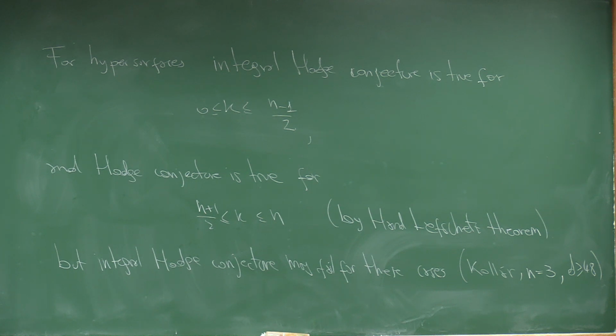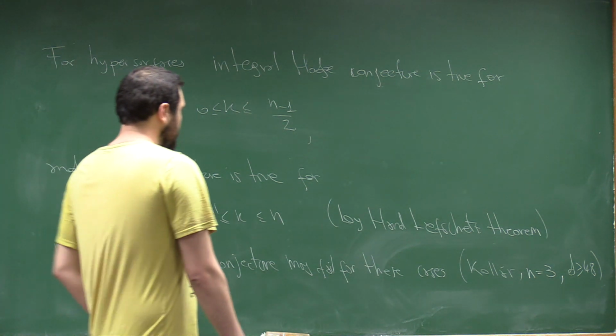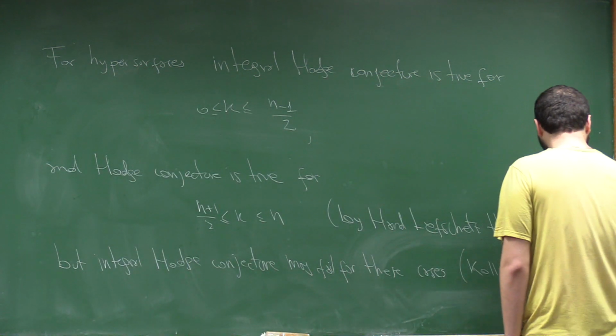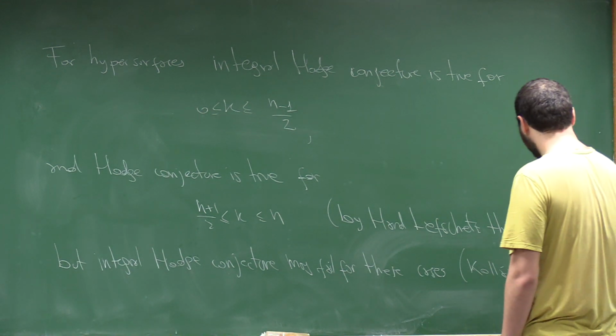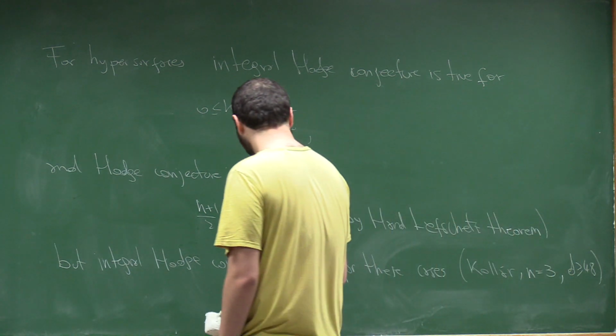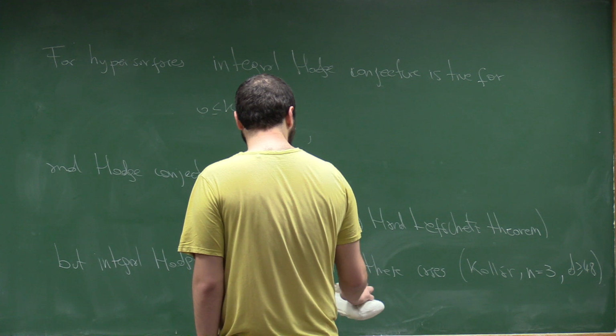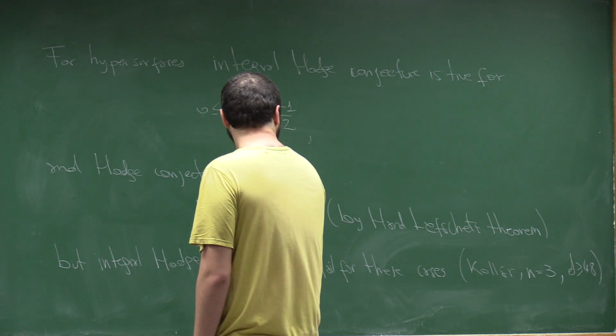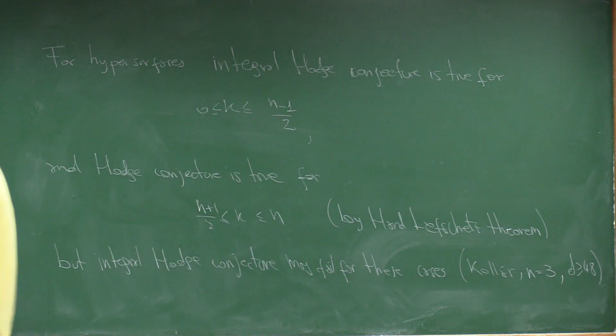Some multiple of them will be algebraic, but not the cycle itself. And in the exercises, I will explain more how these examples are constructed. Okay, the integral Hodge conjecture fails. And so in particular, we have the following corollary.